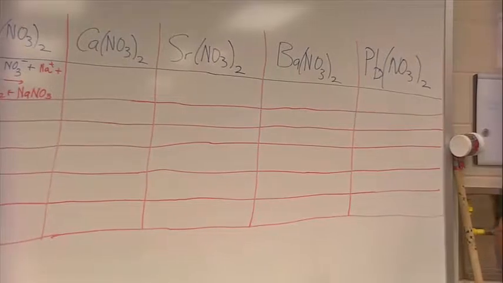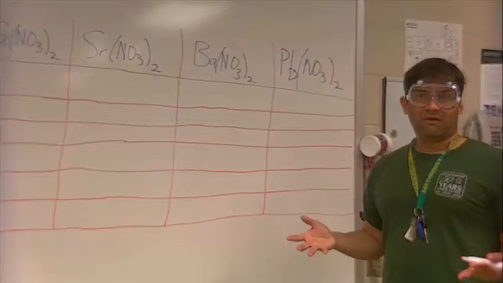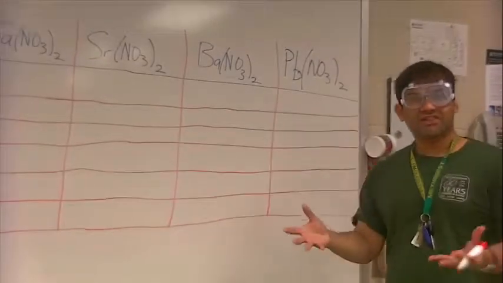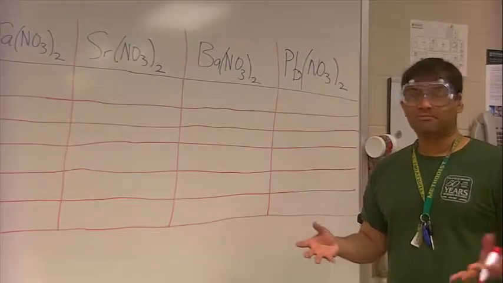What do their precipitates look like? Are they soluble, or are they not very soluble and they crash out and they precipitate more?